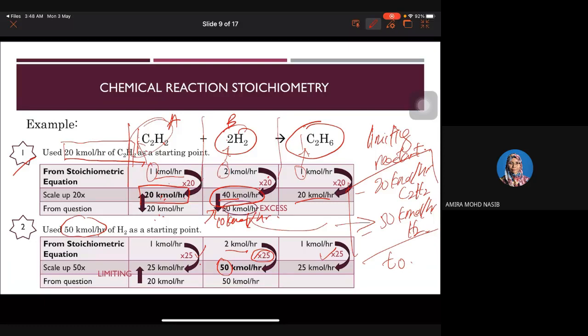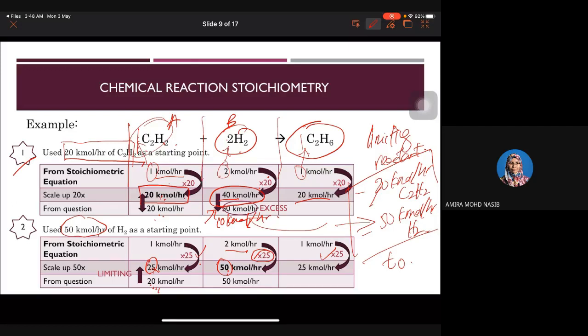So 1 kilomole per hour times 25 is 25 kilomole per hour. If you want to use completely 50 kilomole per hour of hydrogen, then you need 25 kilomole per hour of acetylene. But from the question, you know that you only have 20 kilomole per hour C2H2. So that is not enough in order to utilize fully your hydrogen.